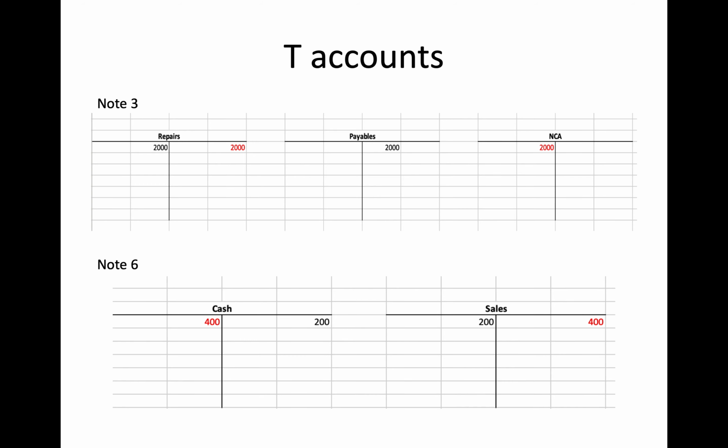To reverse these entries, you need to debit cash by 400 and credit sales by 400. And this is shown in red as well. You can now see why we use 400 for our correcting journal, because if you have used 200, then your cash and sales accounts will net off to 0.